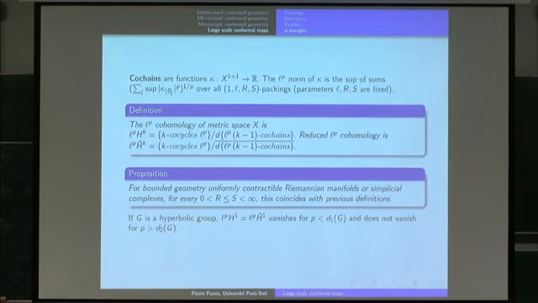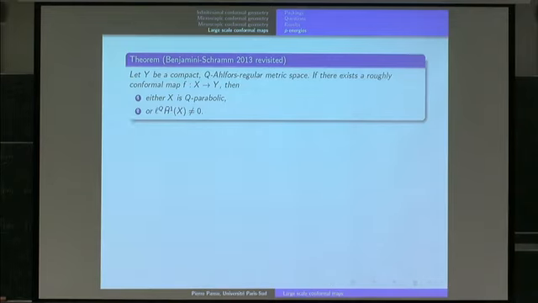Then, should I say a word of the argument? I will certainly not go through the whole argument, but maybe the first steps. So the first step is naturality of p-energy under large-scale conformal mappings.